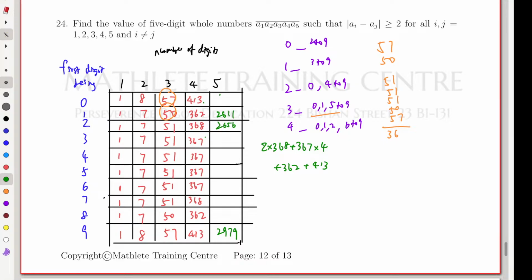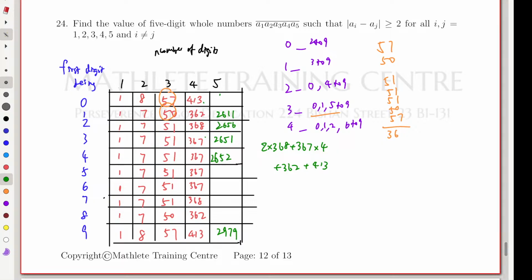So you add 362, you remove 367. That's going to be minus 5, right? So it's 2651. And then for the case of 4, you add the number at 2 and remove the number at 5. So you add 1 here, so it's 2652.